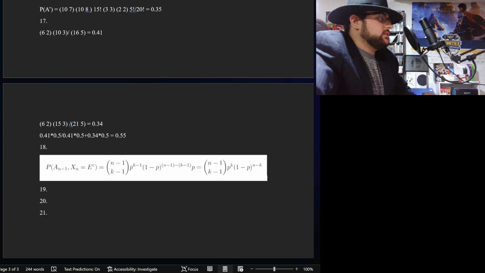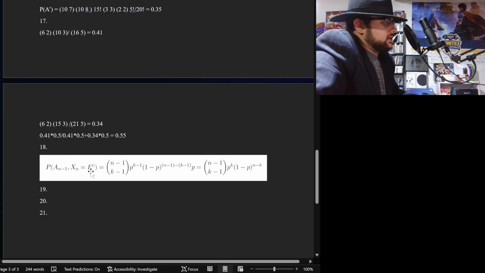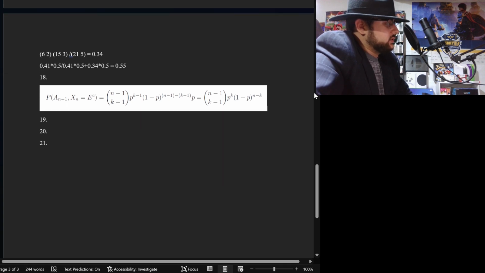Then the probability we desire is P(A_{n-1}, X_n = E^c). By independence, we can pull out P(A_{n-1}) P(X_n = E^c). Okay. I hope I didn't lose you yet. But you want to make sure that P(A_{n-1}) is a binomial distribution. You don't make sure that it is. I'm telling you it is. And now this is your answer.